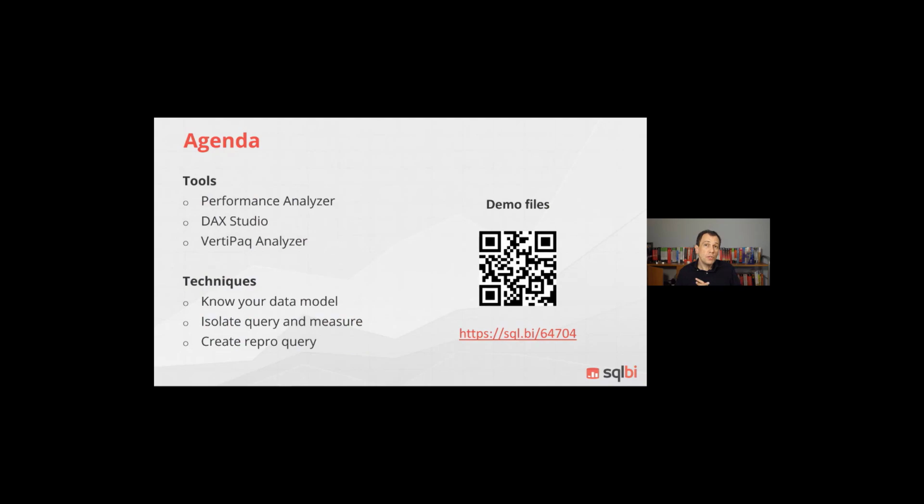What we are going to do today is describe what to inspect when there is a performance issue in your report. What are the most common reasons why something is slow, especially when you refresh the report or navigate into the report.